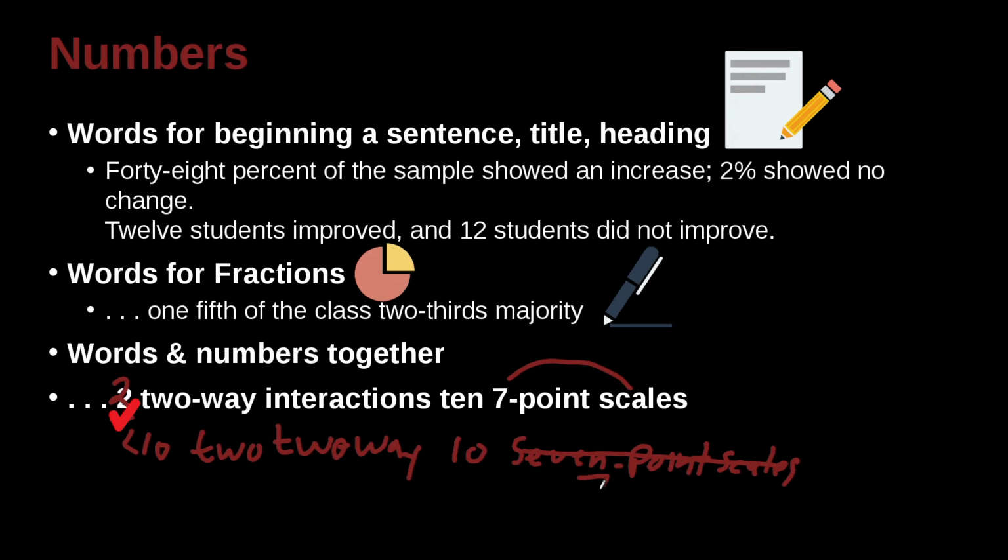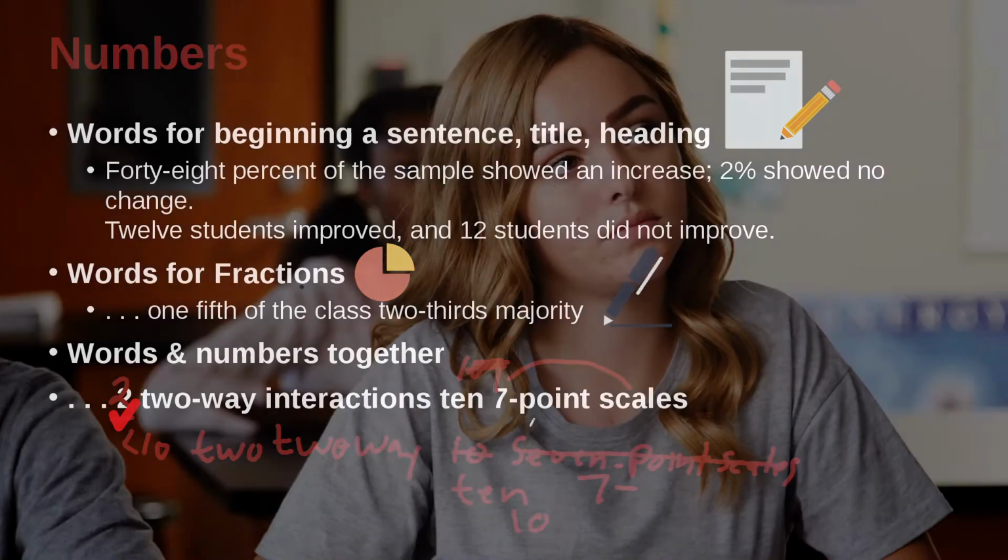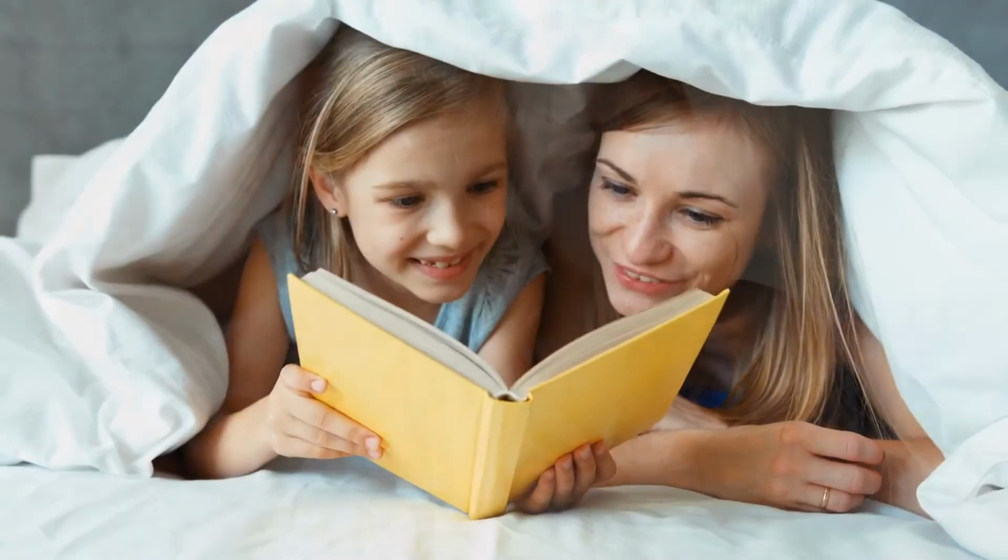So here we're going to say 7-point scales, and we're also going to use a hyphen because it's like a thing. And here we're going to use 10. Why? Because it's better than saying 10 7, because if we wrote 10 7, it might look like 107. So that follows 2 different rules there, a little bit confusing, but the point is to make it clear and easy to understand.